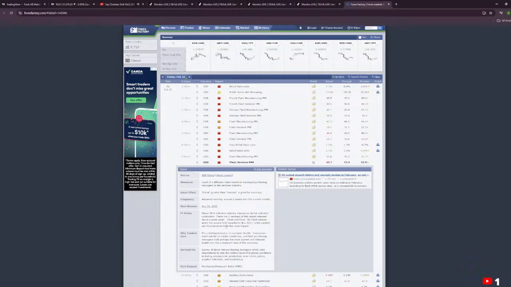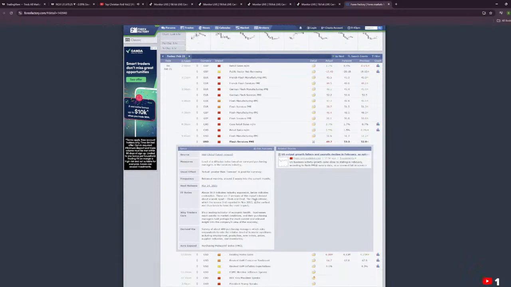Okay, so let's see. Flash and final. The flash release, which the source first reported in November 2013, is the earliest and thus tends to have the most impact.